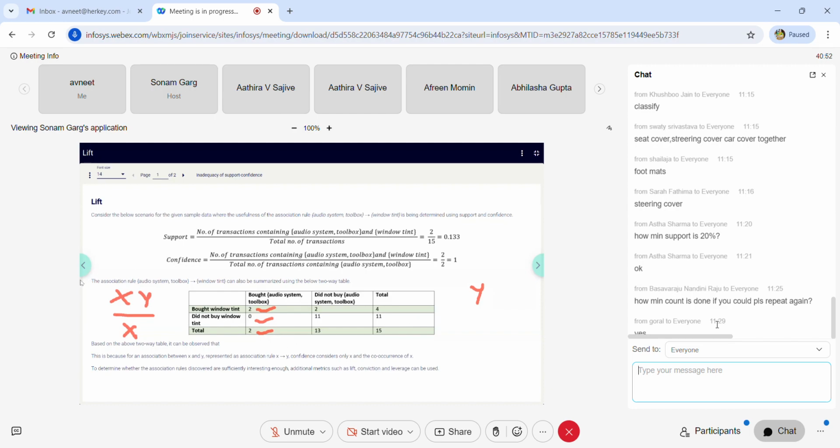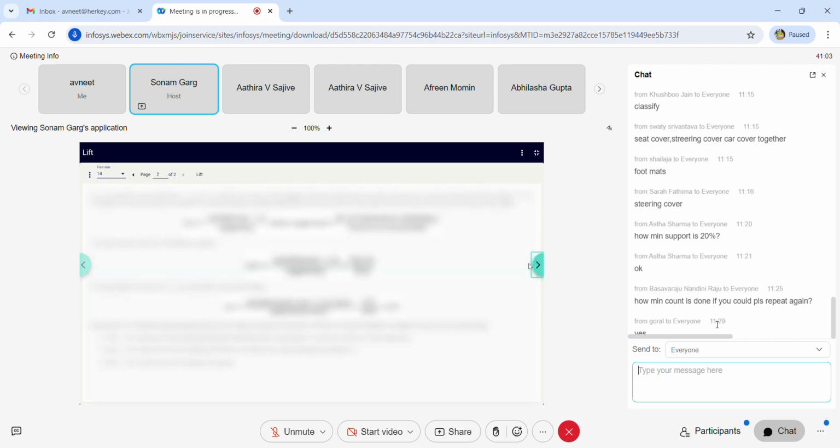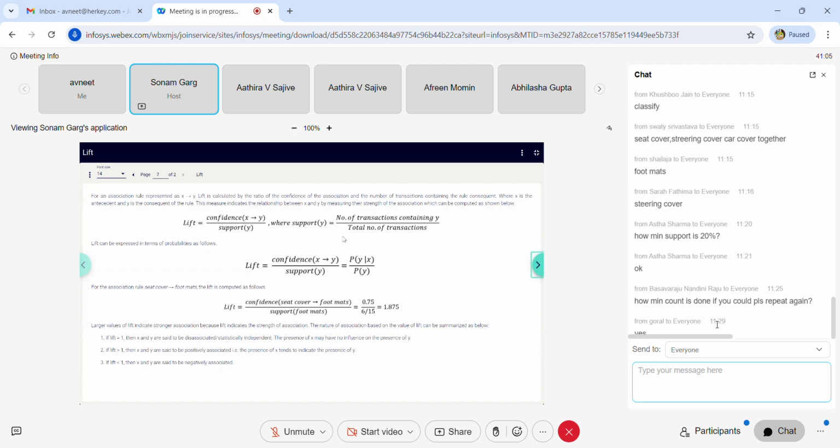So in order to look at the data from different perspectives, we have different metrics like lift, conviction, and leverage. And these are the formulas. They all come from different combinations of the initial matrix which we have studied, support and confidence. If we divide the confidence of X and Y by the support of Y, we get this lift.